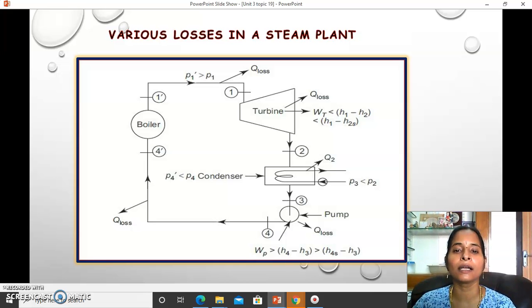What happens to that 20 kilowatt of power? Where does that particular loss happen in the turbine?